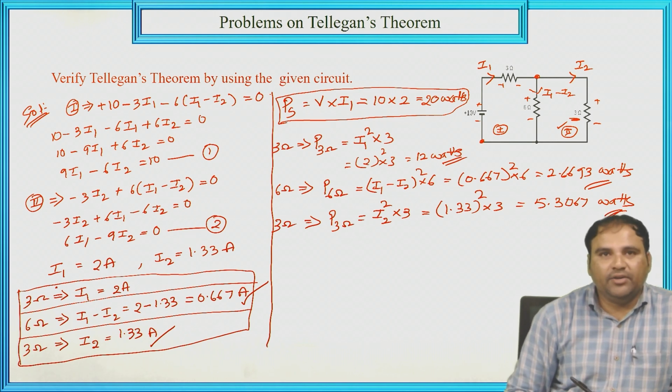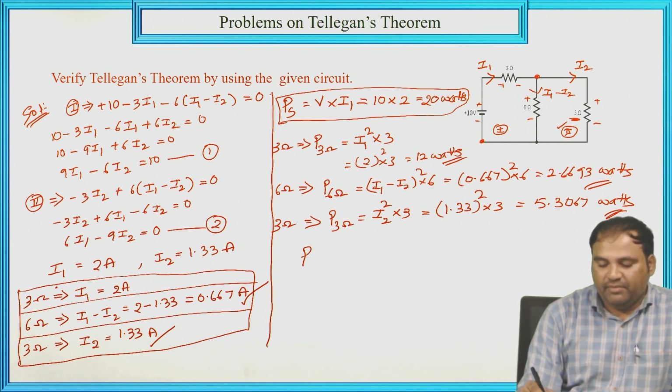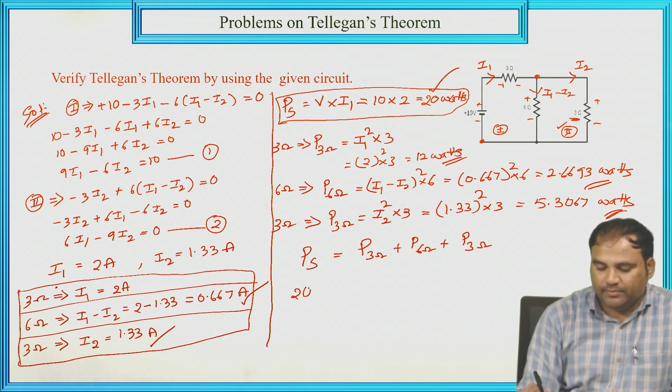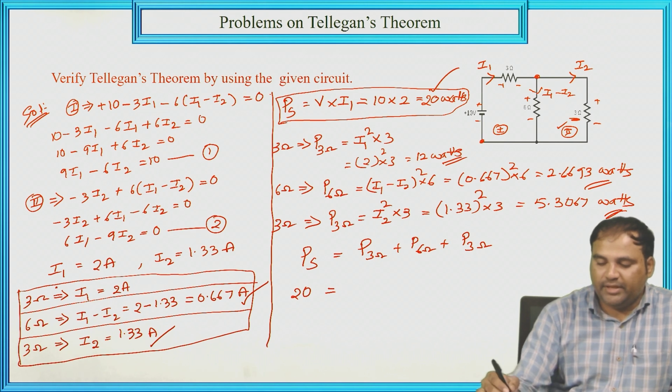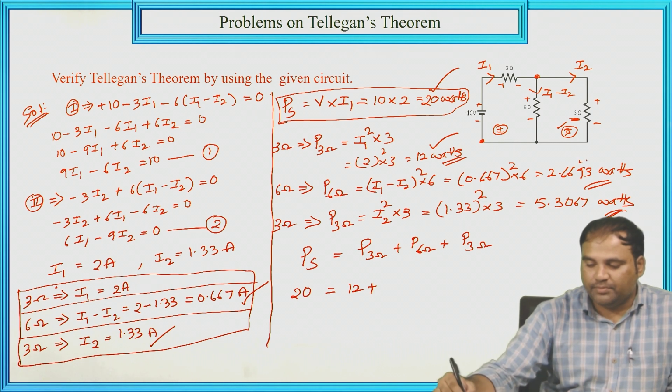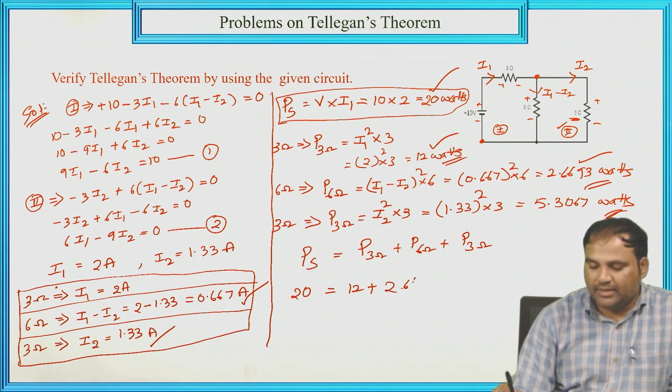Now according to Tellegen's theorem, power from the source is equal to the sum of the individual powers, meaning power through 3 ohm plus power through 6 ohm plus power through 3 ohm. So power from the source is 20, equal to power from the 3 ohm which is 12, plus power from the 6 ohm which is 2.6693, plus power from the 3 ohm which is 5.3067.